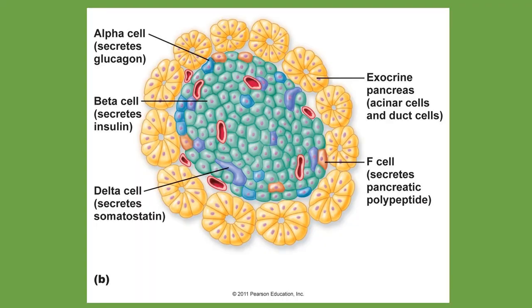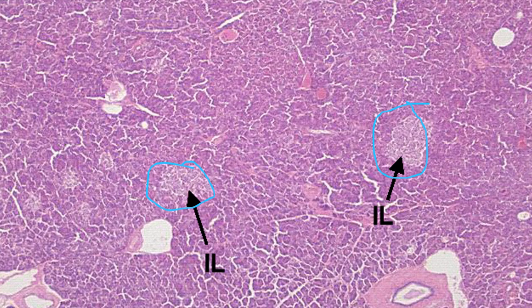But remember, it has all those cells in it secreting all those things we need. So the pancreatic acini is going to be everything out here. If it's not in an isle and it's in the vast sea, it's usually acini.